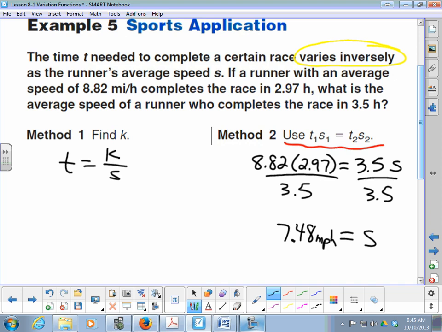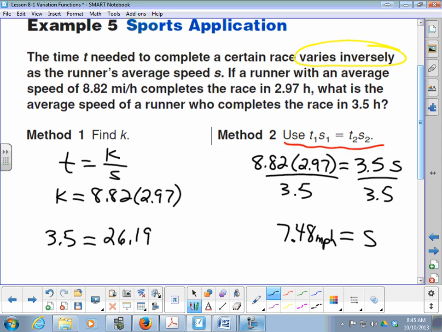Okay. Or we could set it up like this, say K equals 8.82 times 2.97. Then when T is 3.5, what's K? What's 8.82 times 2.97? 26.19 divided by S. That's a little bit tougher to solve then, isn't it?